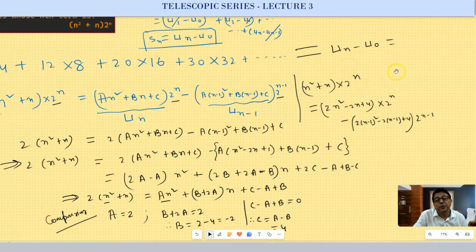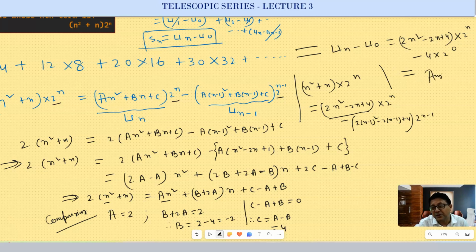What is un here? It is 2n square minus 2n plus 4 into 2 to the power n, minus, for n equal to 0, u0 is going to be equal to 4 into 2 to the power 0. So this is the sum: 2n square minus 2n plus 4 times 2 to the power n minus 4. This is going to be the answer.